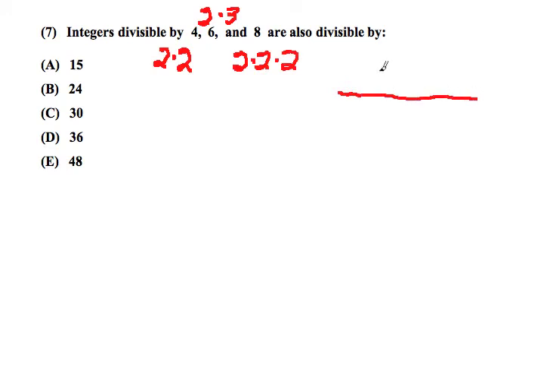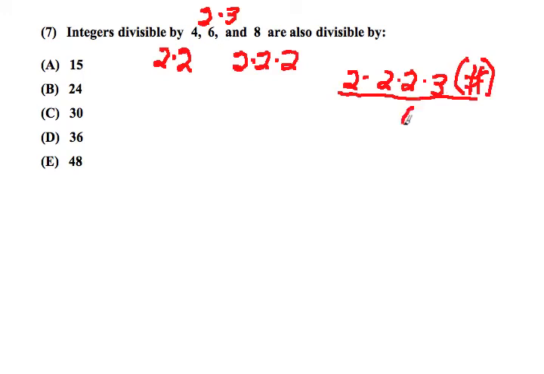Okay, so to be divisible by 4, a number needs to have 2 2's as factors. To be divisible by 6, it needs a 2 and a 3. Well, we already have a 2, we just need to add a 3. And to be divisible by 8, it needs 3 2's, so we need one more 2. There could be other factors in there, but it needs at least those.